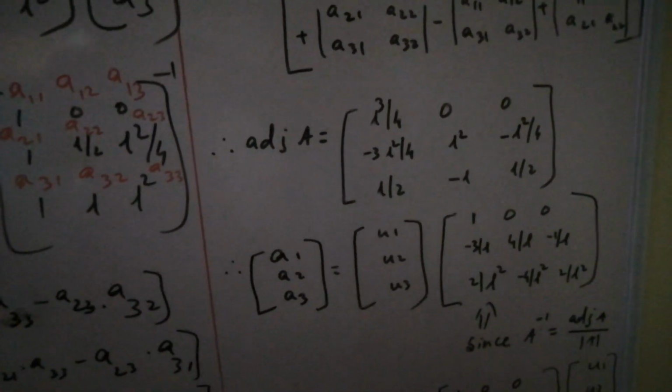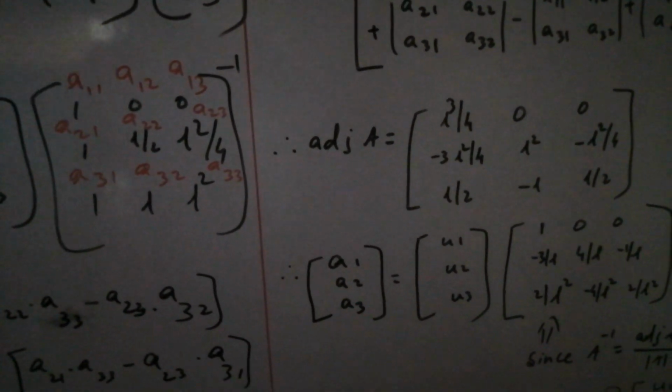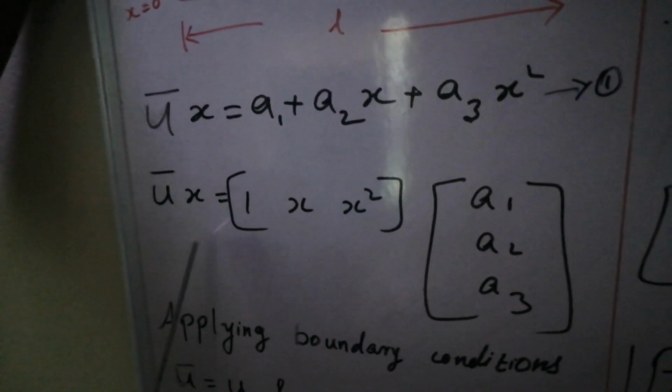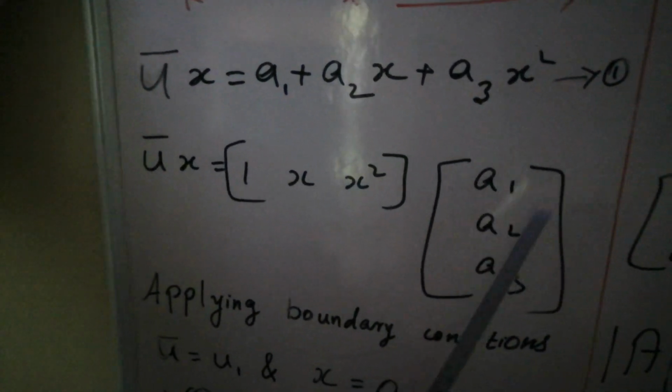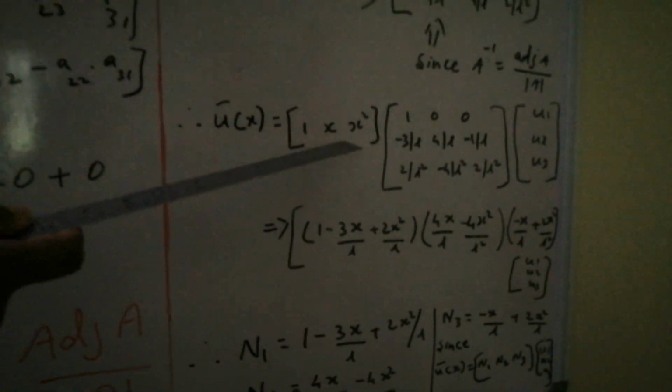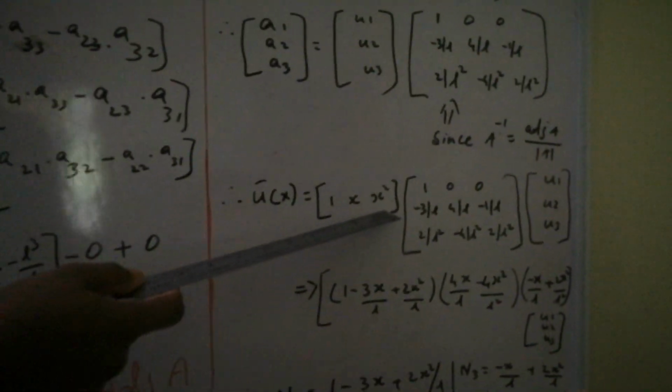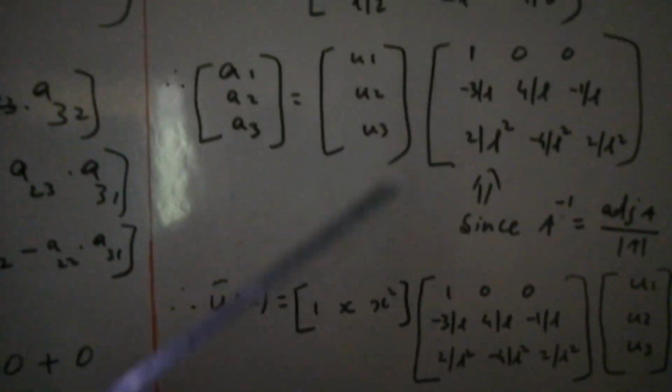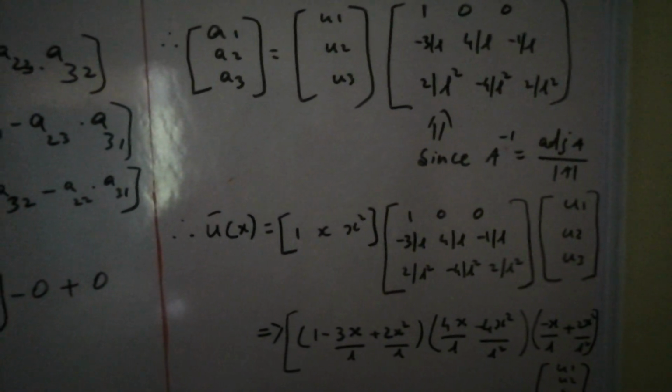And we are substituting this in the basic format of the equation, u bar x equal to 1, x, x square, A1, A2, A3, and we will get u bar x equal to 1, x, x square into the whole other things.